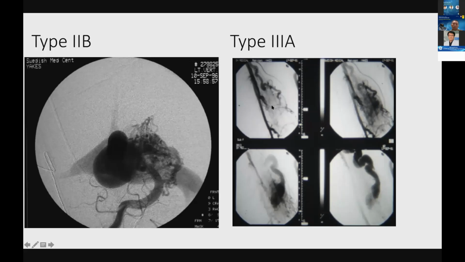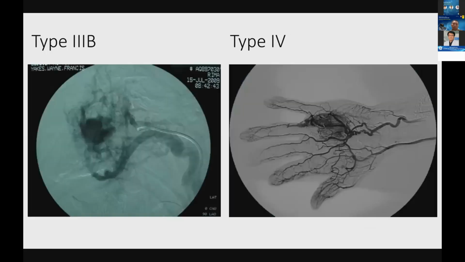And this is type 3A with multiple feeding arteries and one draining vein. Sorry, my internet is unstable. Type 3B, this has so many feeding arteries, this is the nidus. And this is very like a soft nidus in this type 4 of the Yates classification.